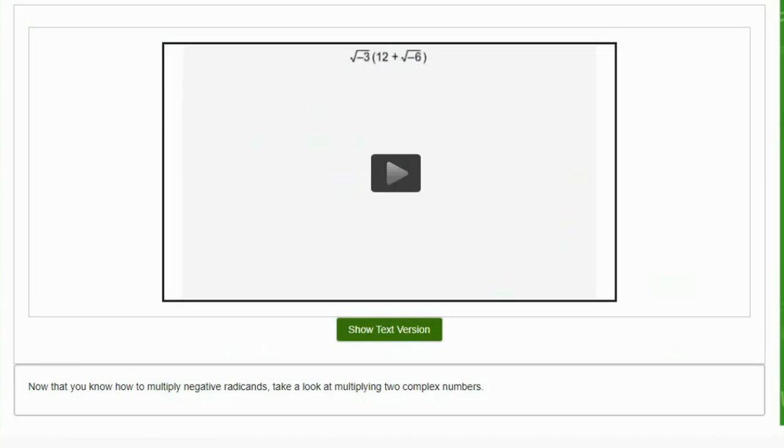All right, so this video has multiplying two complex numbers together. 0 plus the square root of negative 3 and 12 plus the square root of negative 6. In this problem, you are asked to simplify the square root of negative 3 times 12 plus square root of negative 6. Begin by factoring imaginary numbers.